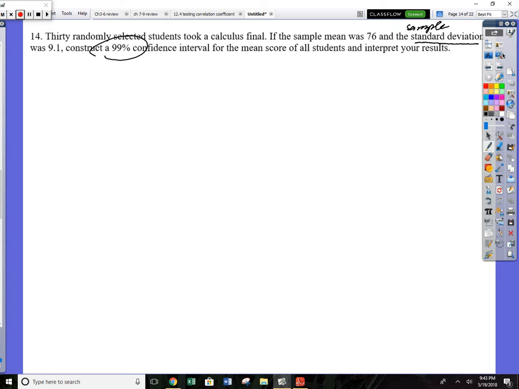And we're assuming that is, they should throw one more word, the sample. So when we only know stuff about the sample, use a t-test. You use a z-test when you know standard deviation of the population. So we're assuming everything's to the sample, so you use a t-test again. Except for this time, do a 99% confidence interval instead of a 90.